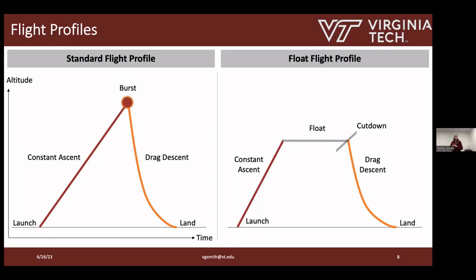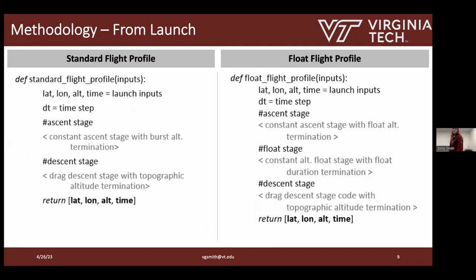For latex balloons, the burst is somewhere between 90,000 feet and 110,000 feet. For your float, you can usually float anywhere from around 65 to 85,000 feet, which is the top of where you can just open your balloon and vent. So these are the two flight profiles I'll be talking about in the pseudocode you'll see in the next two slides.